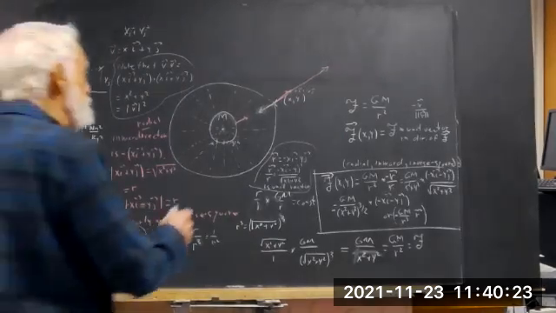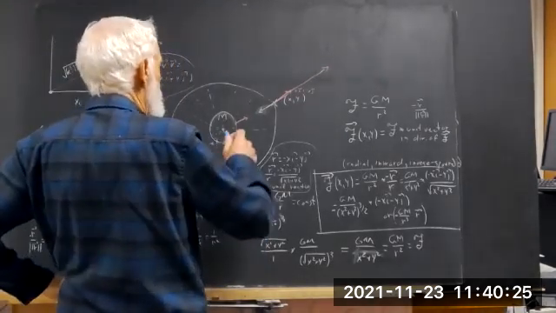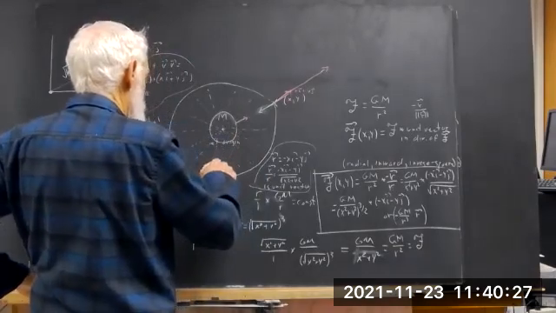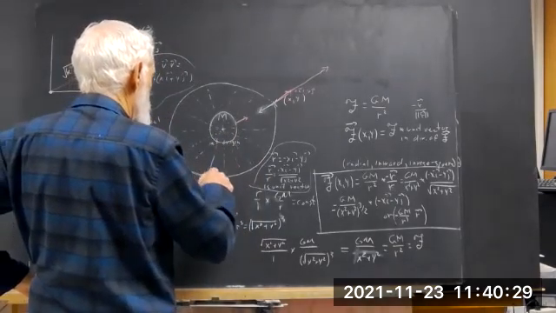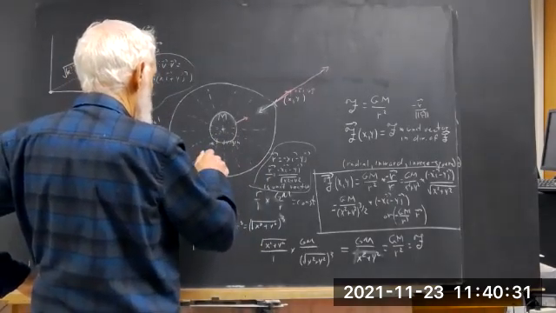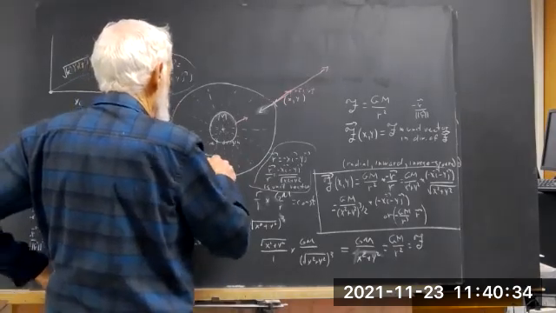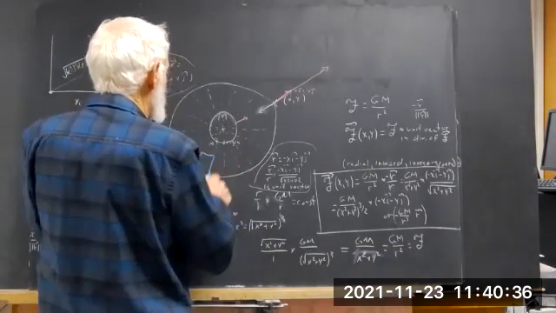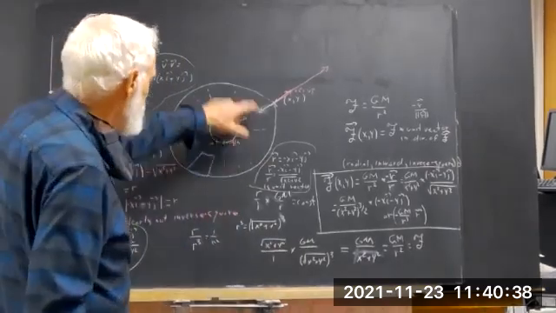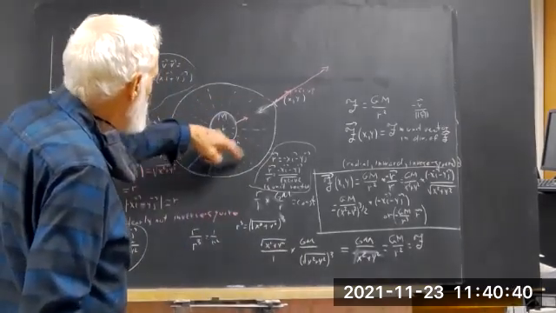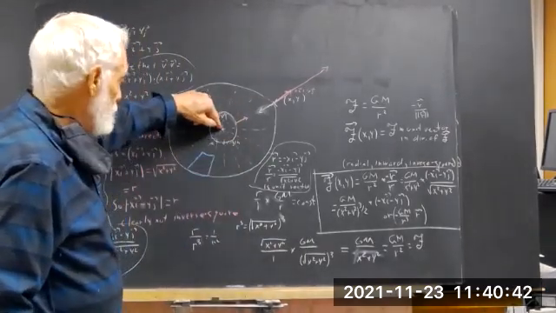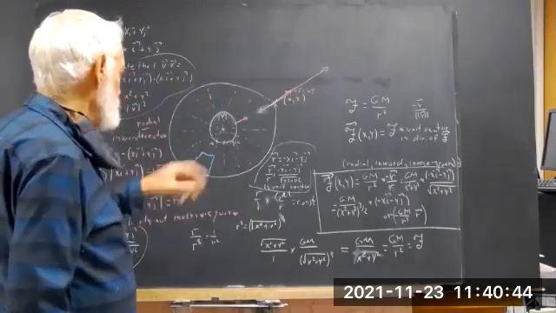So let's say that we have some path, and let's take a path along arcs of two circles. That's supposed to be a circular arc, concentric. The arc of a circle concentric with the mass.